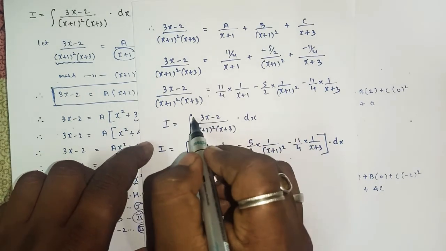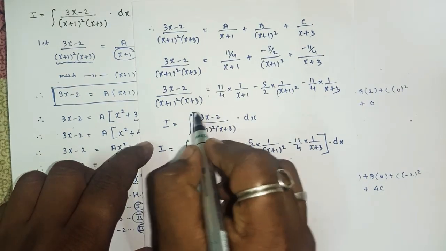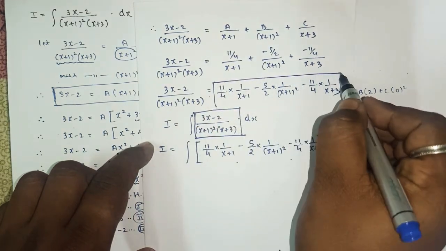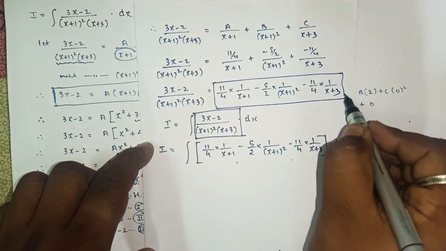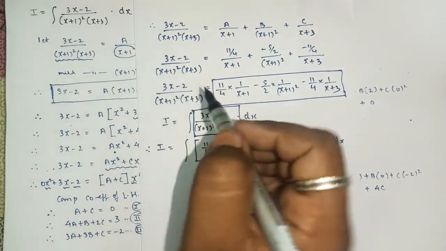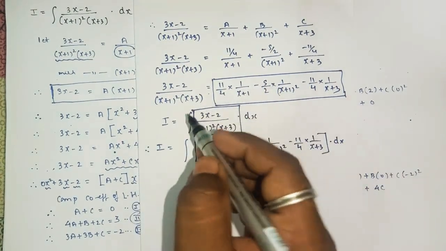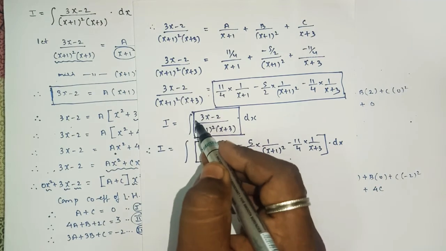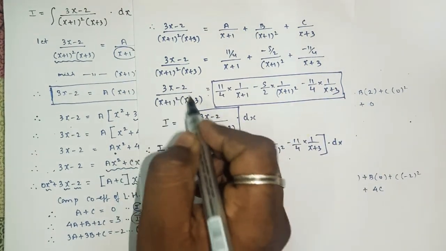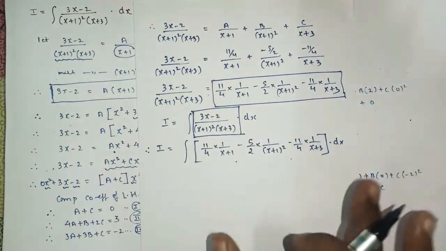Got the point? Simply I had replaced this function by this part, yes or no, as per the rule. So this function we can replace in this form. Indirectly I had substituted the value of this section, in simple language.